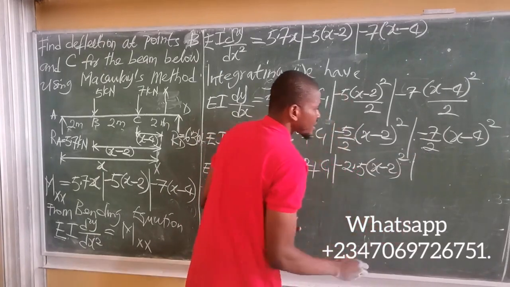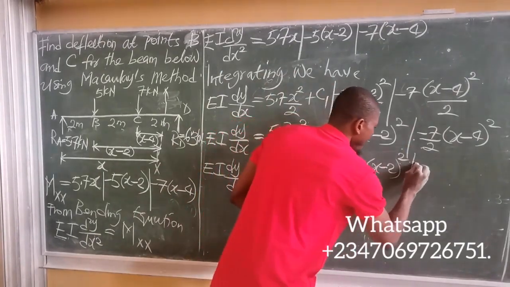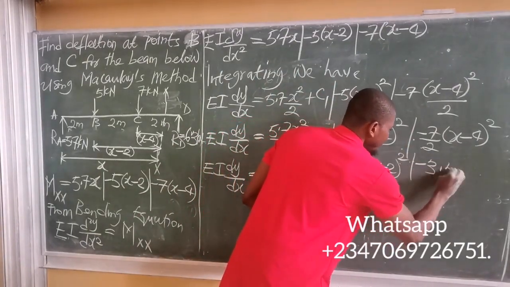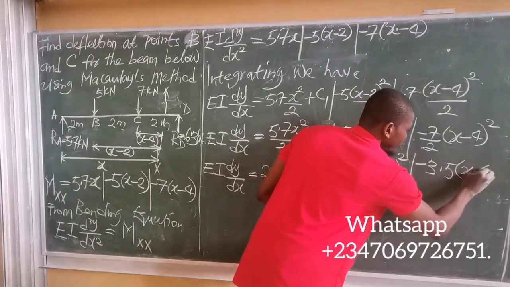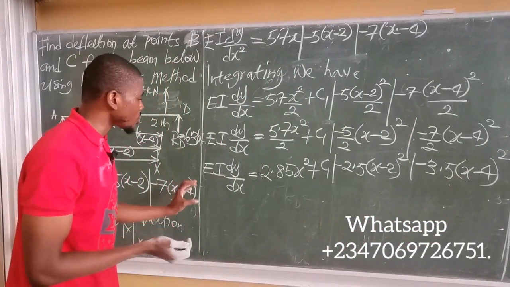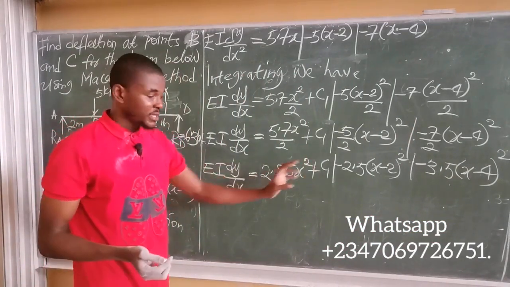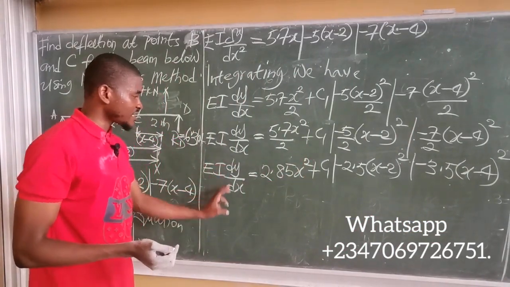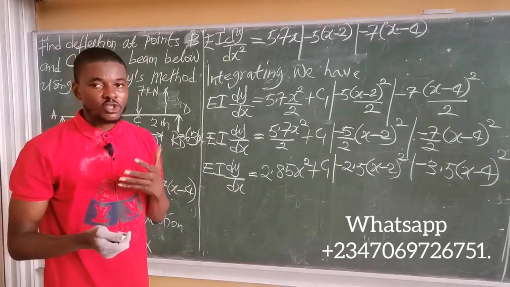Okay, put down my bracket. 7 divided by 2 gives me minus 3.5 into x minus 4 all squared. So this is called the slope equation because I have dy/dx. dy/dx simply stands for slope.